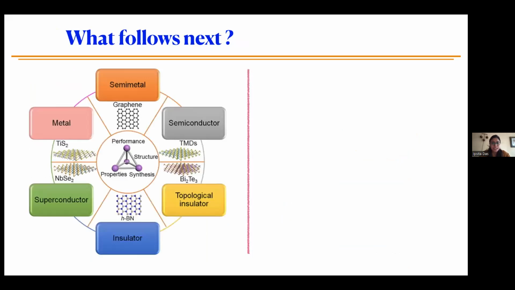People immediately found out that there are multiple materials out there which can be exfoliated by the same trick, by using this Scotch tape method. People found out that there are different semimetals, semiconductors, insulators, topological insulators, even superconductors, which can be exfoliated by the same trick.